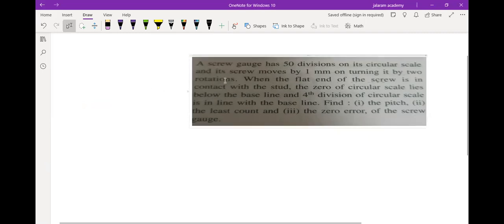So it is given that the screw moves by 1 mm on turning it by 2 rotations, which is the main hint to find its pitch. Pitch is the horizontal distance traveled by the spindle of the screw gauge in one complete rotation.